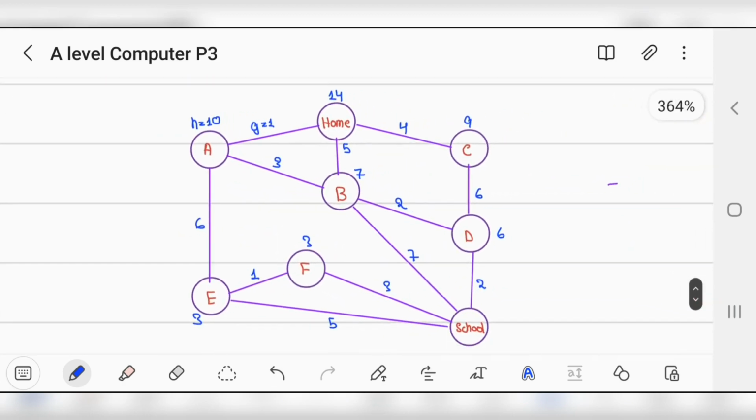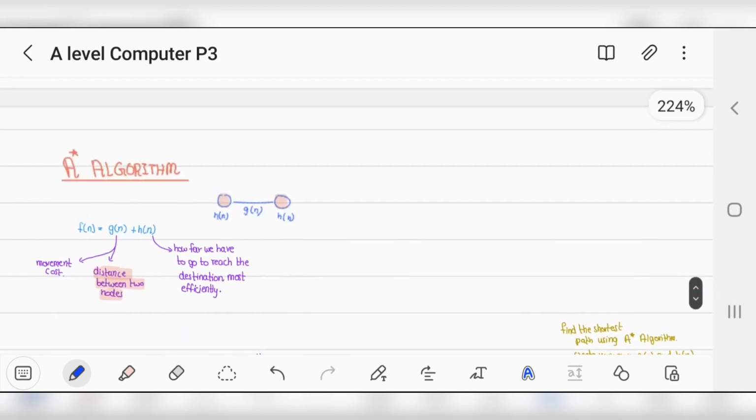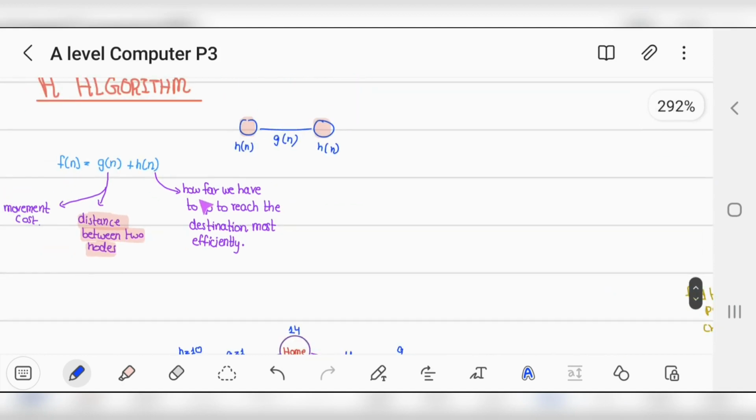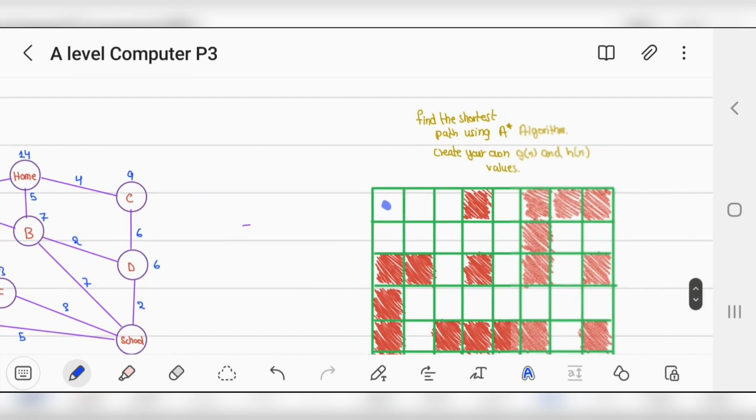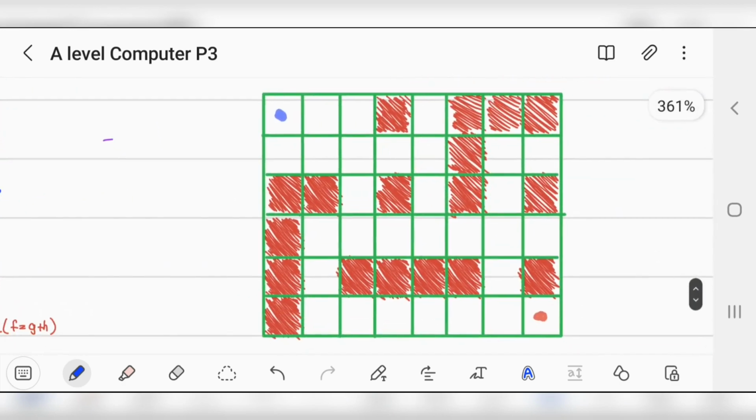Hn is just telling you how far the node is from the destination point, which means, for example, you have this grid, and this is a starting point, this is a finishing point, and the heuristic value would be, if I just try to see the distance, 1 2 3 4 5 6 7 8, it is 8.